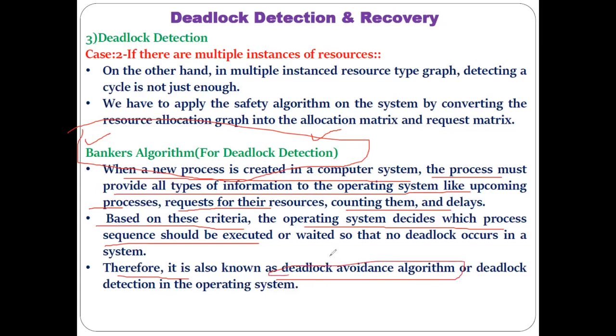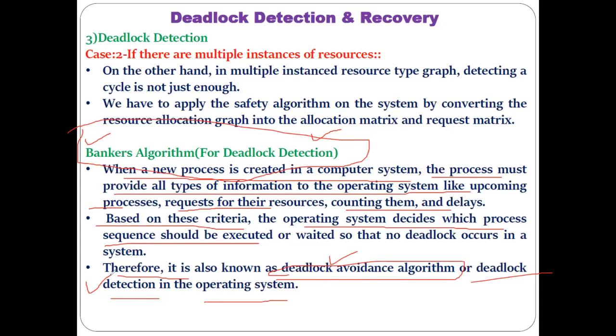That is the reason the Banker's algorithm is also known as the deadlock avoidance algorithm that we discussed in the previous lecture, or it can also be called a deadlock detection algorithm in the operating system. Why can it be considered a deadlock detection algorithm? Because it tells us, with the help of its algorithmic strategy, whether your system will remain in the safe state or the unsafe state.